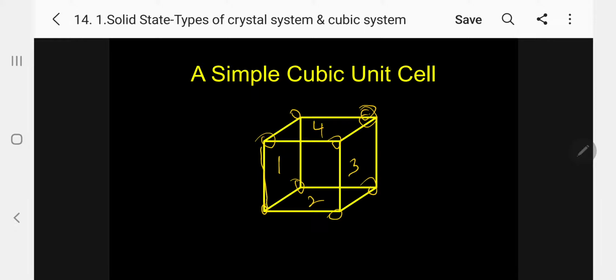And just see, I am drawing now. This is the 5th face, and this is the 6th face. There are 6 faces we have in the cube. So the 8 corners and 6 faces are present in the unit cell.